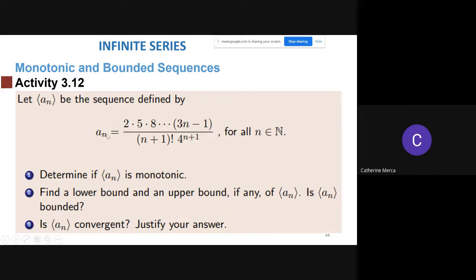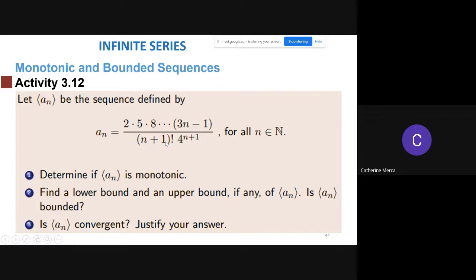So if you start with 3 times 1 minus 1, that will be 2 over n plus 1 factorial, 4 to the n plus 1.